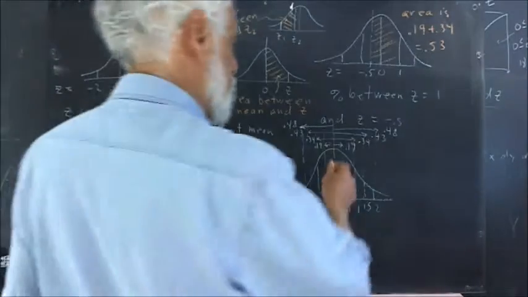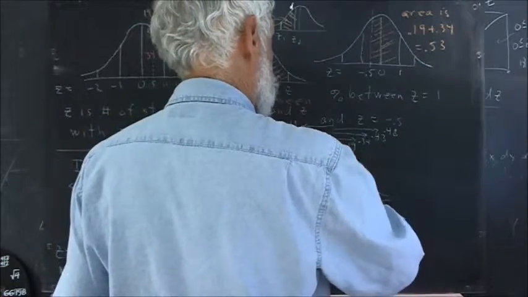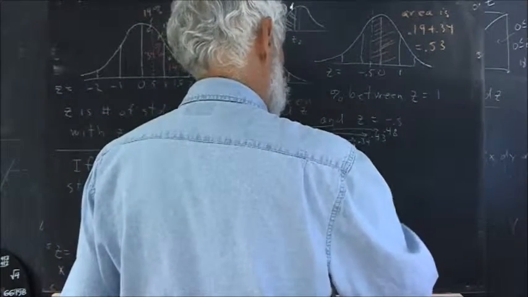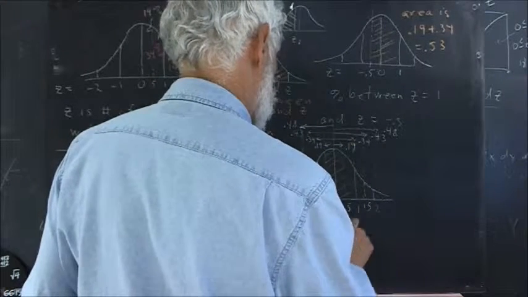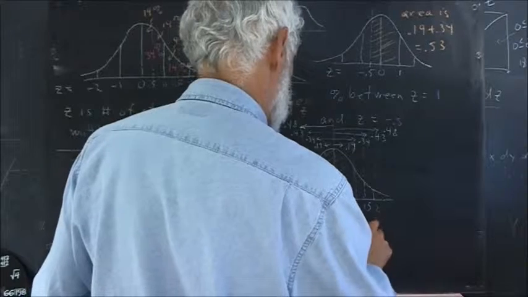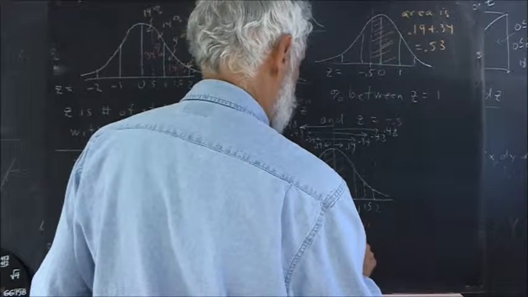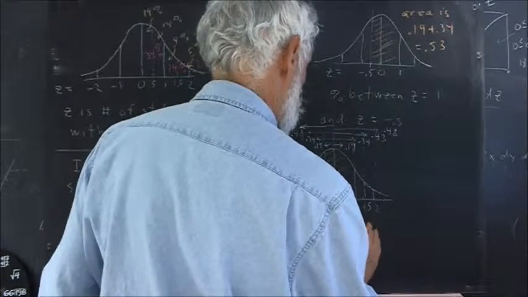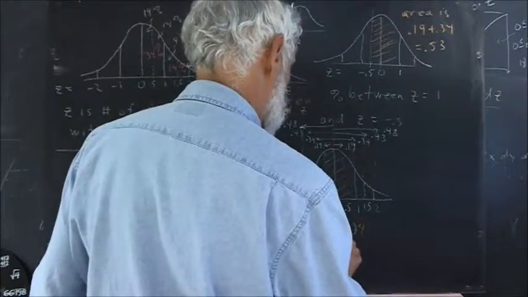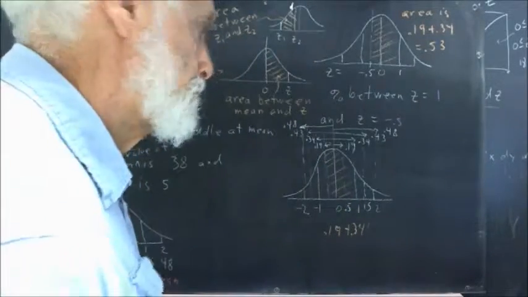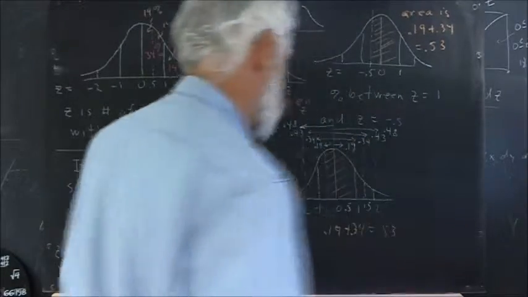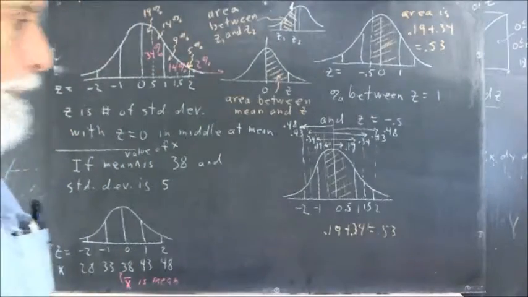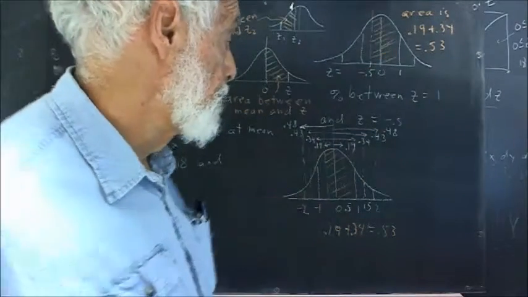So we have on this picture, we would be adding 0.19 and 0.34, which isn't written real well, and that's again 0.53. There's really very little difference between this information and this information.